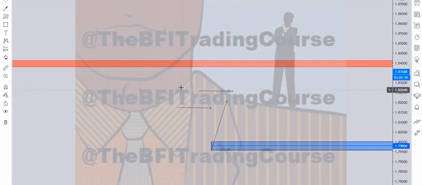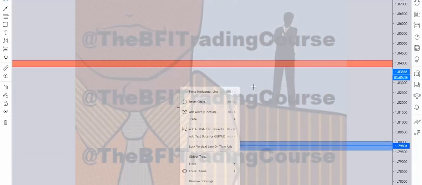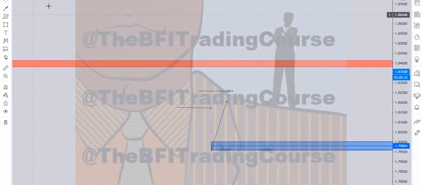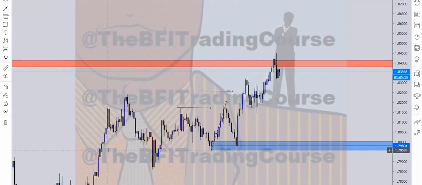Okay. Now put that arrow at the top at the right spot. Exactly, and you could use the wick, but if you want to be even more accurate that it'll hit your target, put this line at the open or the close or the base.